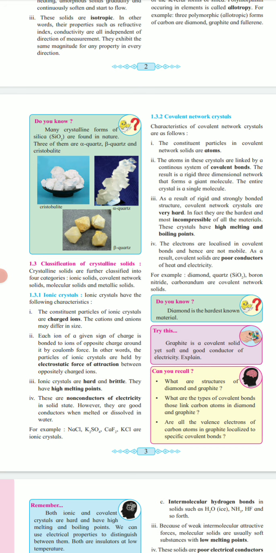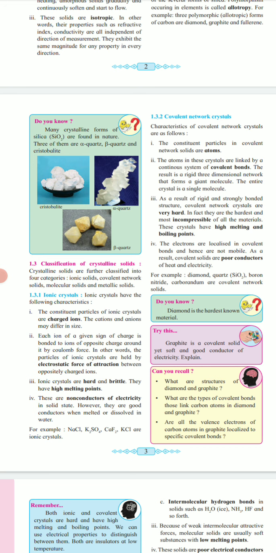Covalent network crystals. Characteristics of covalent network crystals are as follows. First, the constituent particles in covalent network solids are atoms. The atoms in these crystals are linked by a continuous system of covalent bonds.